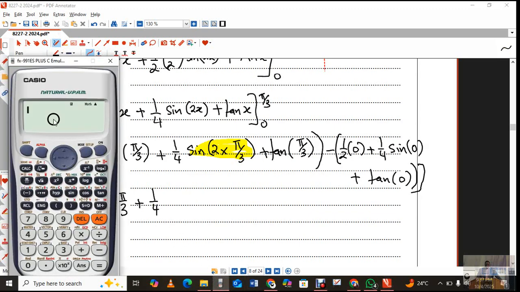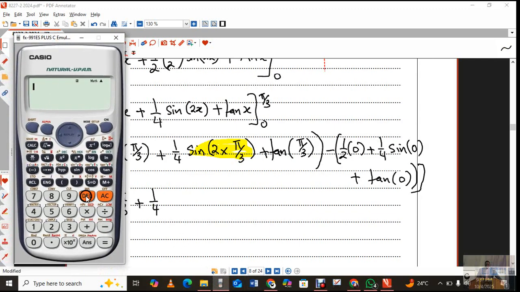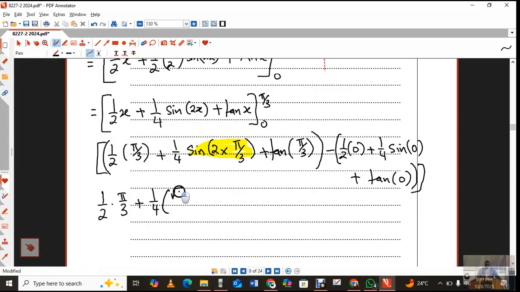So I have sine of 2 pi over 3. That's what that yellow part means. That's root 3 over 2, okay? So times root 3 over 2.